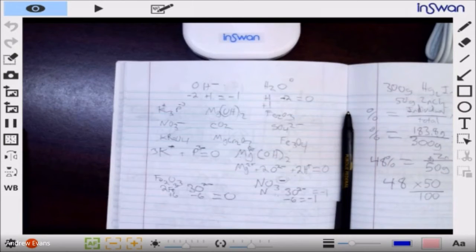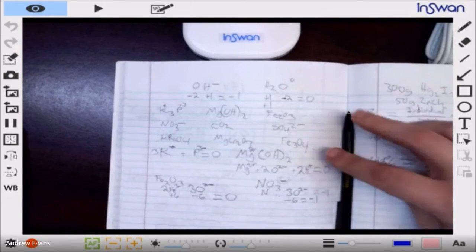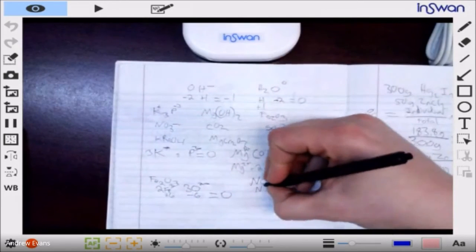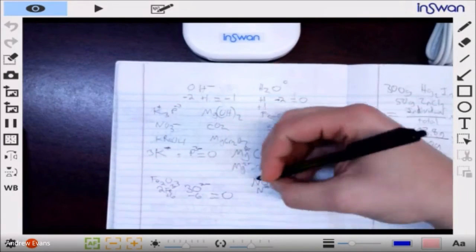However, if that was -3 and you added -3 to -6, you would not get -1. You would get -9. So what number must nitrogen be to give us -1? We have -6 plus X equals -1. And that means nitrogen can only be, in this situation, +5.